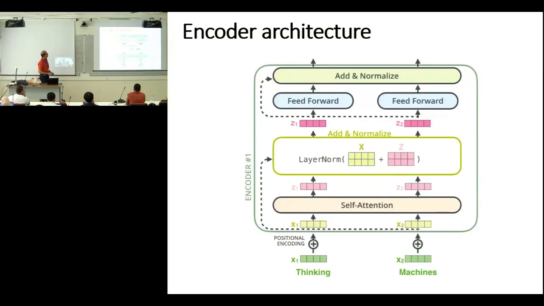And the whole architecture of the encoder is this one. We have self-attention, we have layer normalization, we have skip connection here, and this is the feed-forward layer, and again we have normalization here and the skip connection.